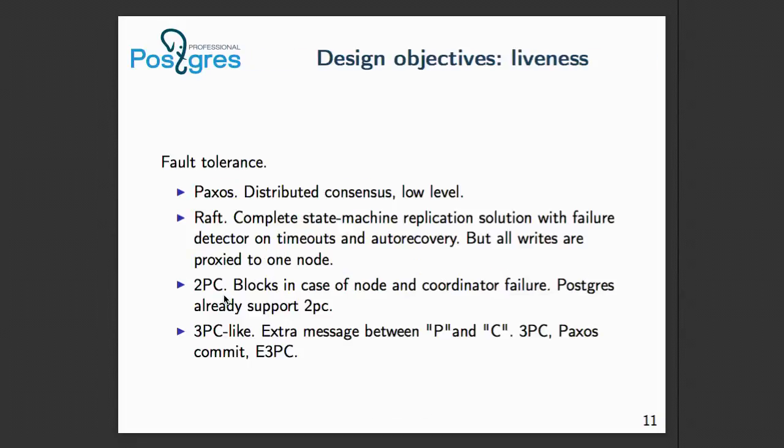Another story is how to proceed with fault tolerance. There are some algorithms on the market. Most notably, everybody is excited right now about Raft. It's actually quite a complete replication solution with heartbeat included and automatic recovery.